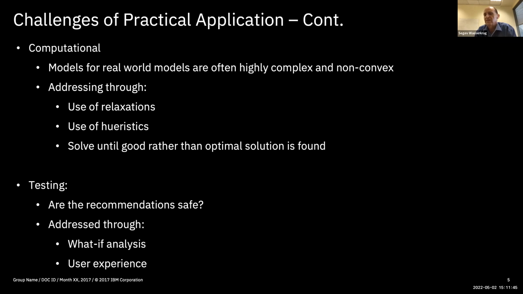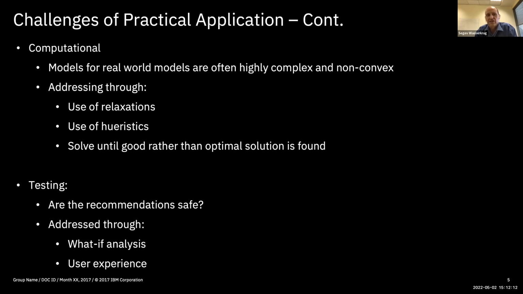We don't actually need to get to theoretically optimal proven solutions. The user doesn't really care whether or not the recommendation is optimal. What we need to do is get to a recommendation that's sufficiently better than anything the user can get to without this system in place.